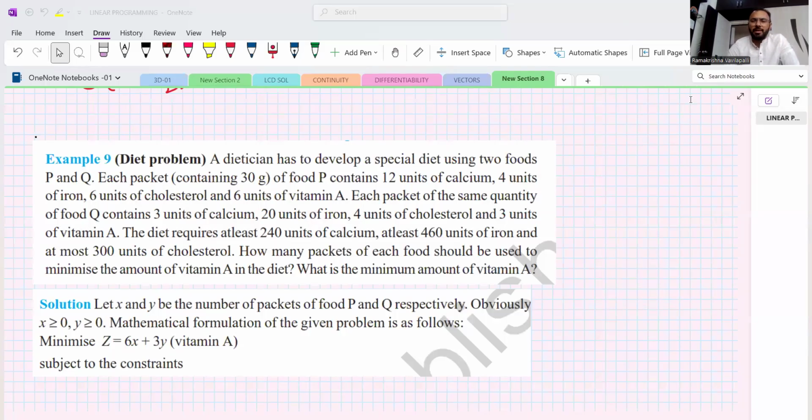Here is one more example of a diet problem. Of course, the syllabus has reduced a lot compared to 2022.